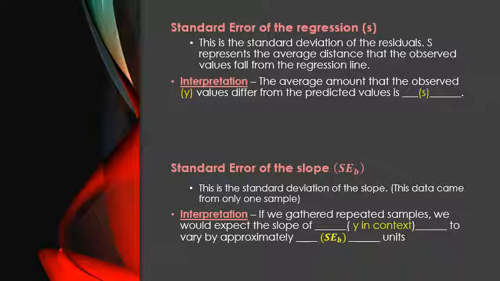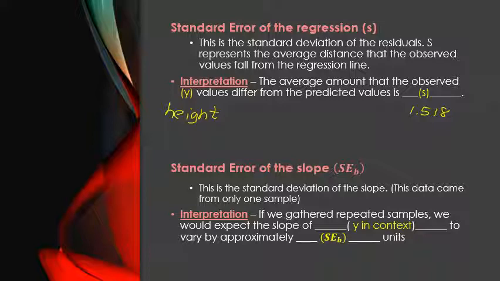So it's the average amount that the observed Y value, which in our particular example would have been height, differs from the predicted values. And then our S value was 1.518, and then we would include whatever units they were talking about in the problem.